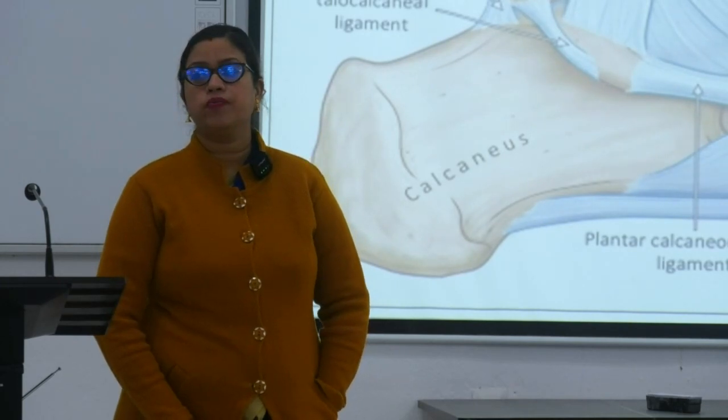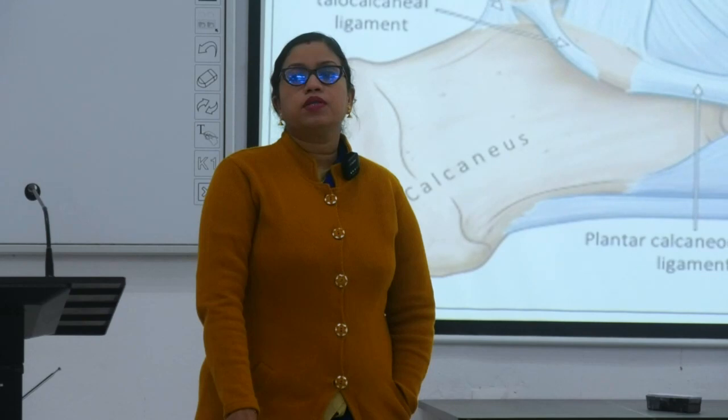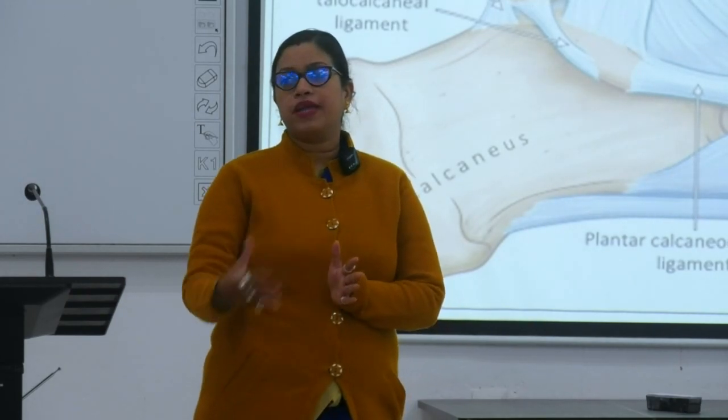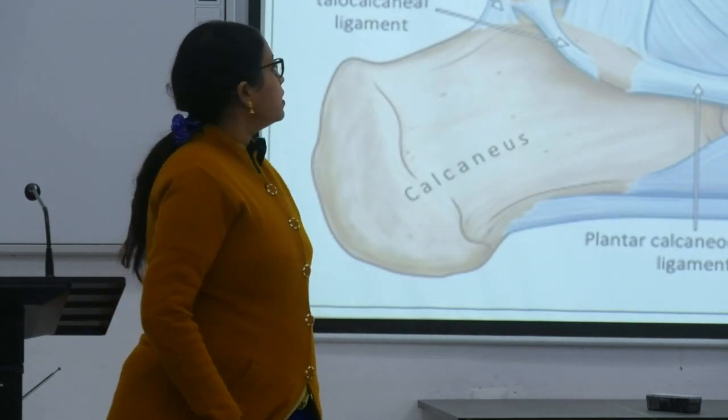Okay, so write it down. So these are the lateral collateral ligament. These are all about ligament. You have got medial collateral ligament, lateral collateral ligament. Okay, then see the next one.